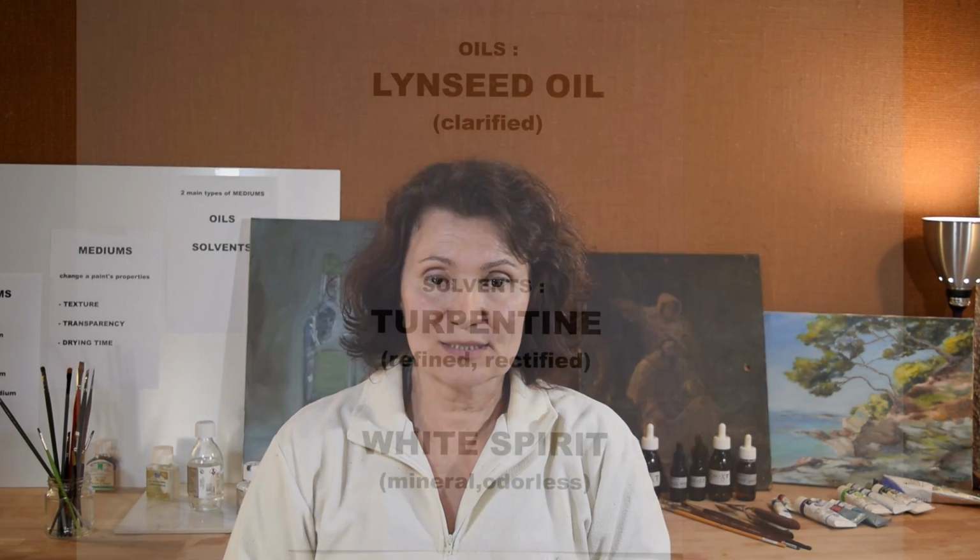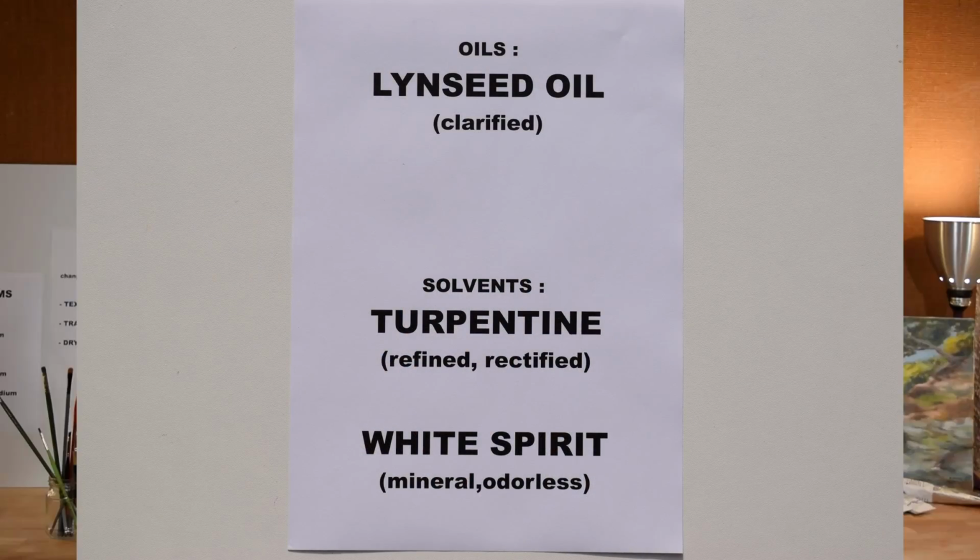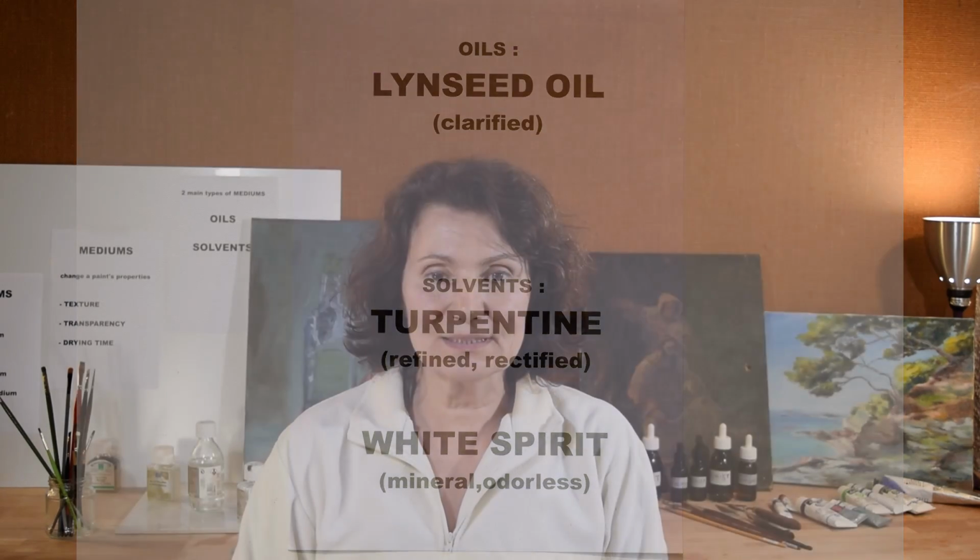The other type of basic mediums are solvents. Now, this can be argued because solvents are volatile, but again, let's keep it simple. Turpentine has to be the refined or rectified turpentine. Really, do not go into a hardware store and buy the cheap version. It'll have a terrible smell.